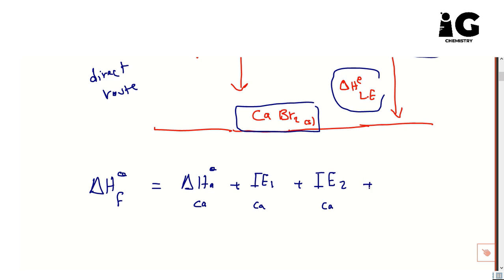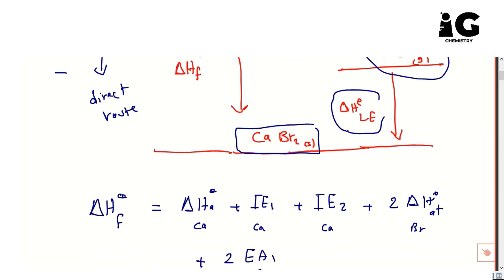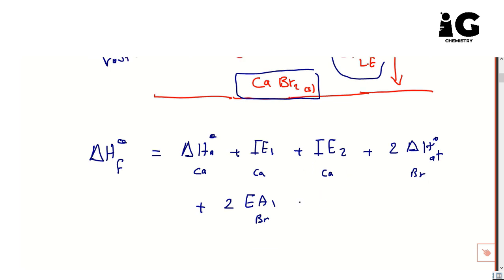And then we need to add also atomization for bromine, but remember this should be times 2, so 2 times standard enthalpy change of atomization, and this is for Br, plus also electron affinity, plus 2 times electron affinity 1 for bromine. Okay, we need the last step to add also lattice energy here. So this is plus standard enthalpy change of lattice energy.